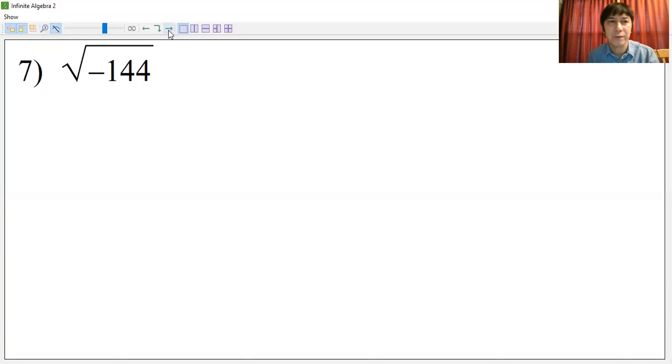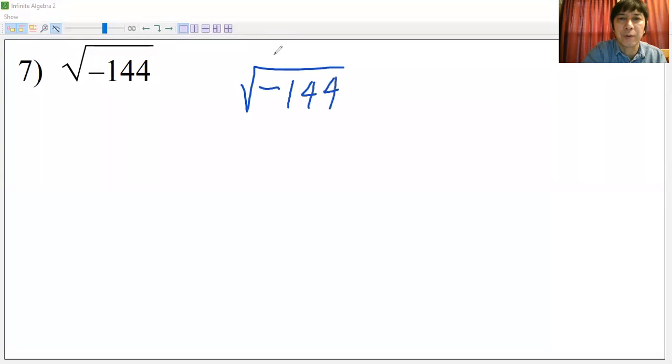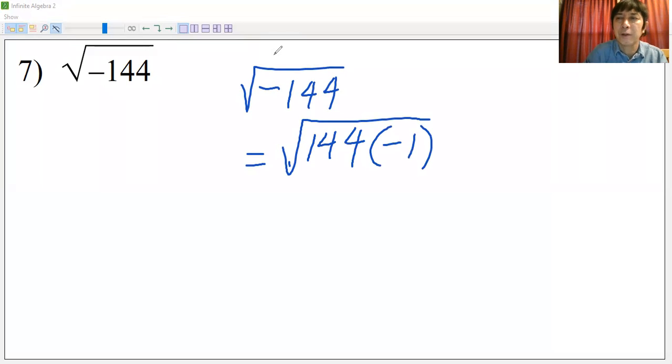Okay, here's number 7. Simplify the square root of negative 144. Okay, this is equal to square root of 144 times negative 1. We can split this into two square roots being multiplied together.